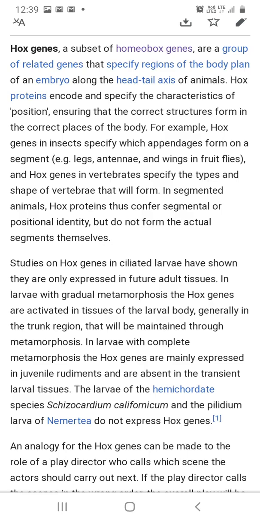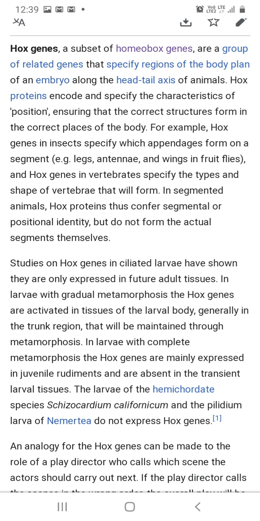Now, studies on Hox genes, which are a cluster of many genes, specify the region of the body plan of an embryo, and also encode the characteristic of position, ensuring the correct structure forms in the correct place of the body. For example, antenna should be formed in the head region, wings and legs should be formed in the thoracic region.